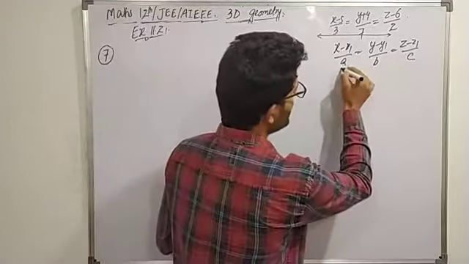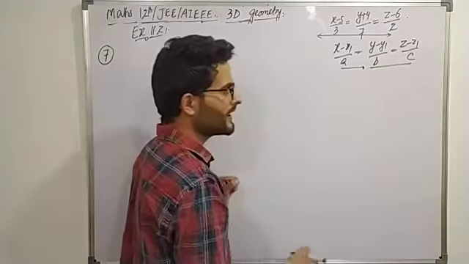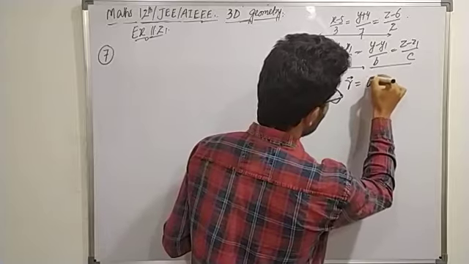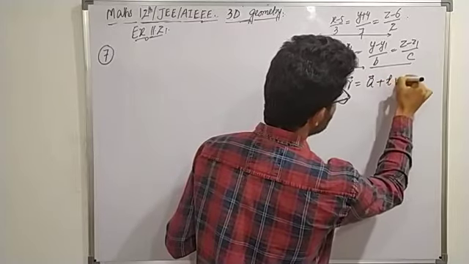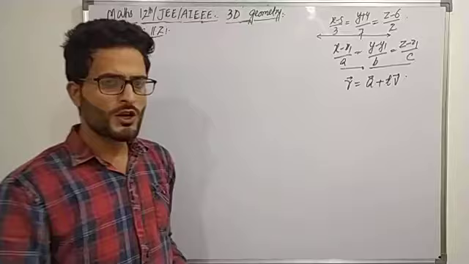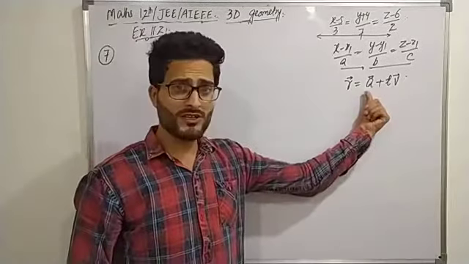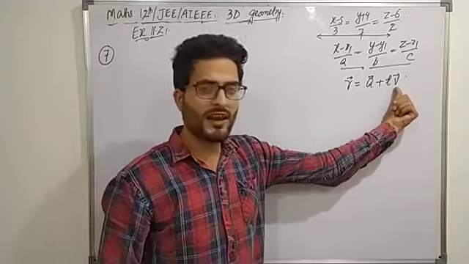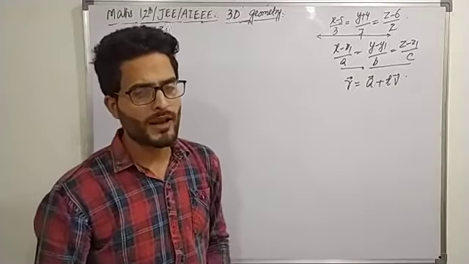And the equation of this line in vector form will become r vector is equal to a vector plus t times v vector. So in that equation we need a vector, that is the position vector of the given point through which the line passes, and v vector, that is a vector which is parallel to the line.